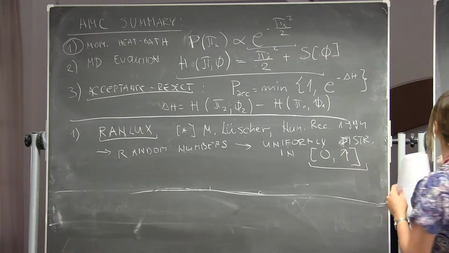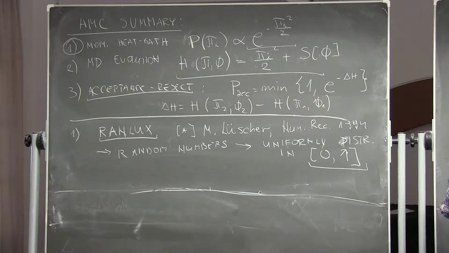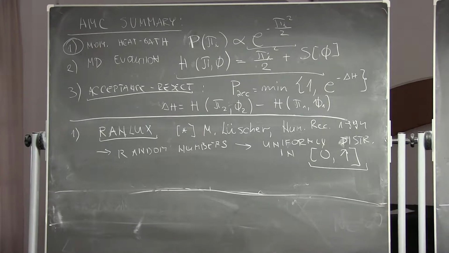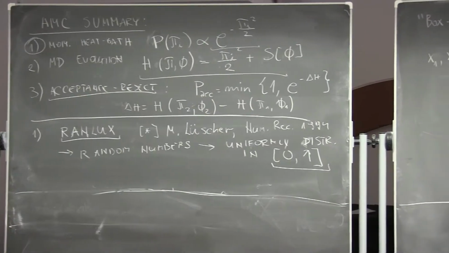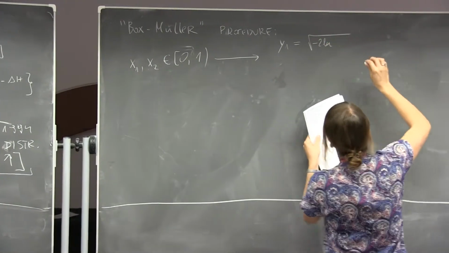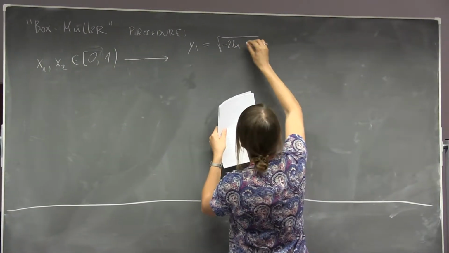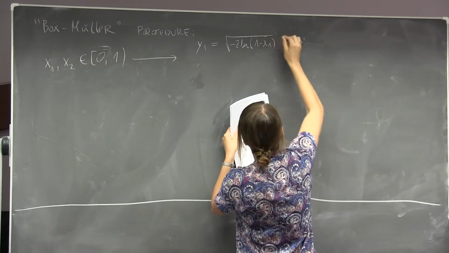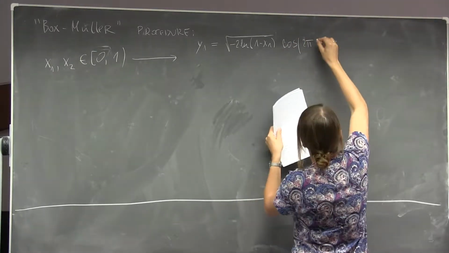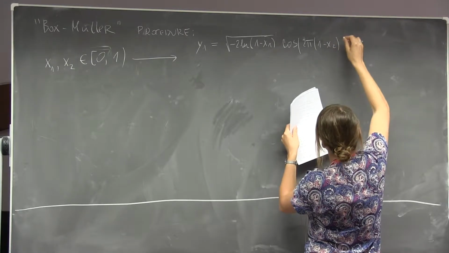So if you choose two random numbers in the interval 0, 1, so they are drawn according to the uniform distribution, and then if we perform the following transformation, we define the variable y1, which is equal to the square root of minus 2 logarithm of 1 minus x1 times cosine of 2 pi (1 minus x2).